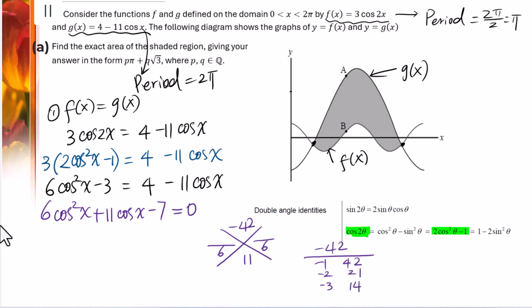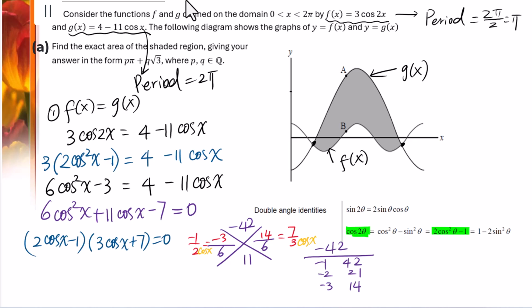This is the correct answer. Simplifying, we get 7 over 3 and negative 1 over 2. So we got 2 cosine x minus 1 times 3 cosine x plus 7 equals 0.